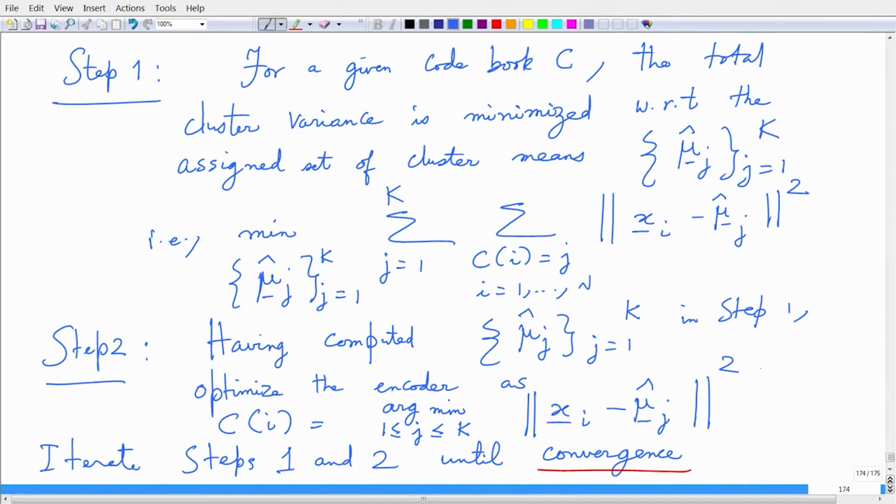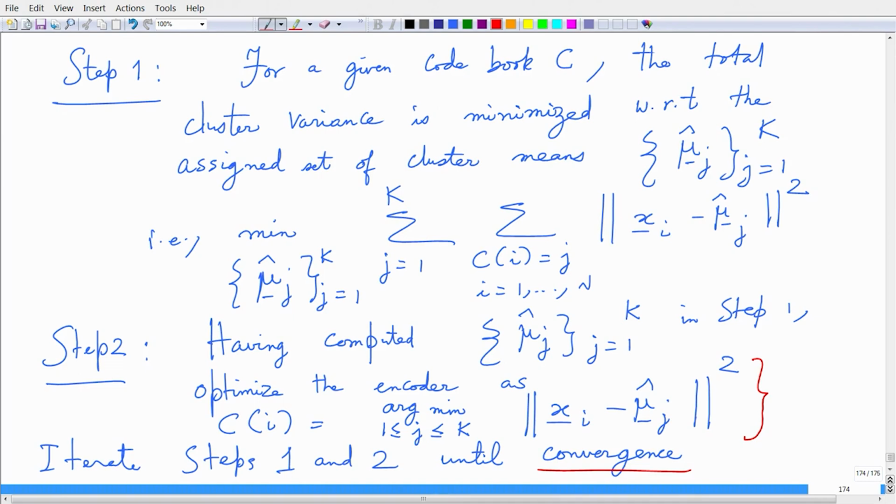This is sort of implied. So, what it really means is we take this data point, we give it to all these clusters, and whichever gives the least cluster distortion, we assign the data point to that cluster, and we iterate steps 1 and 2 until convergence.